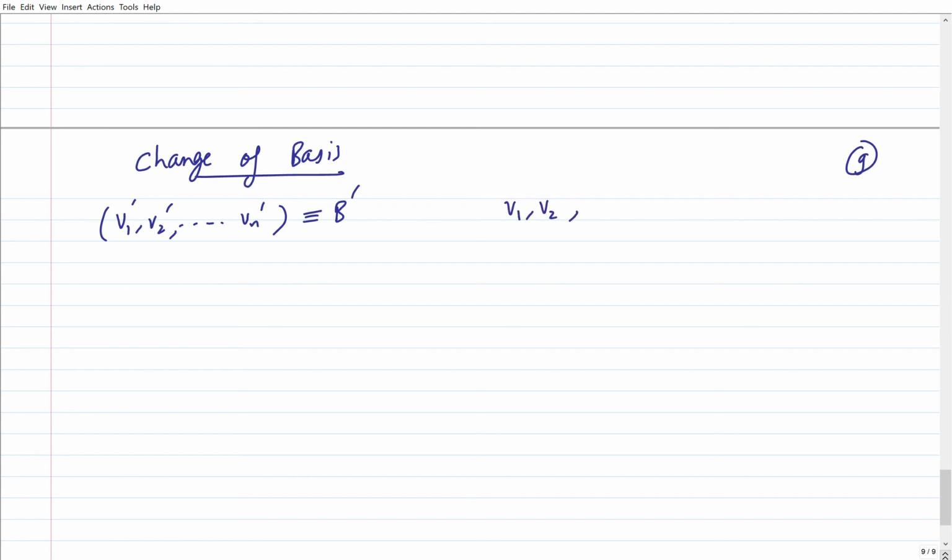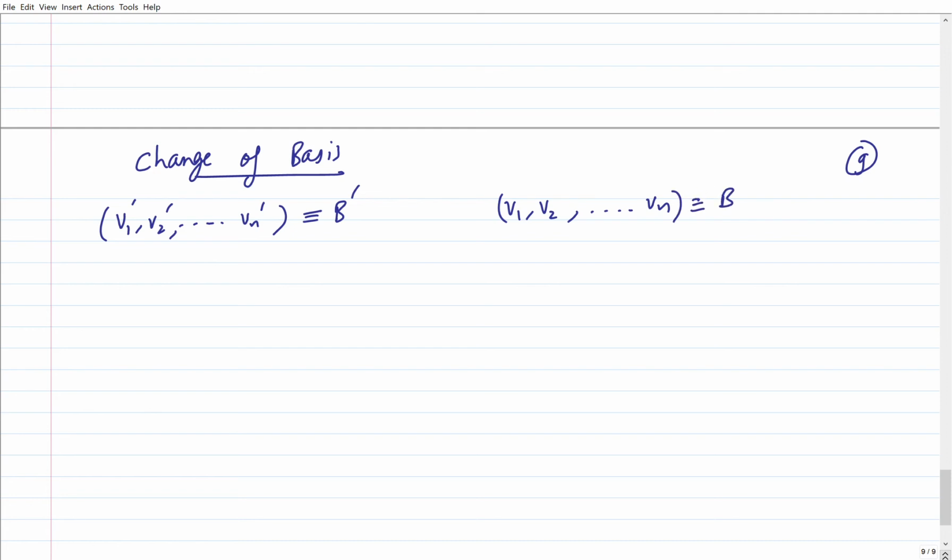Okay, lastly we see the problem of the change of basis. So essentially, let's say we have two bases. I denote this by B prime, and I have another basis with vectors v1 to vn.